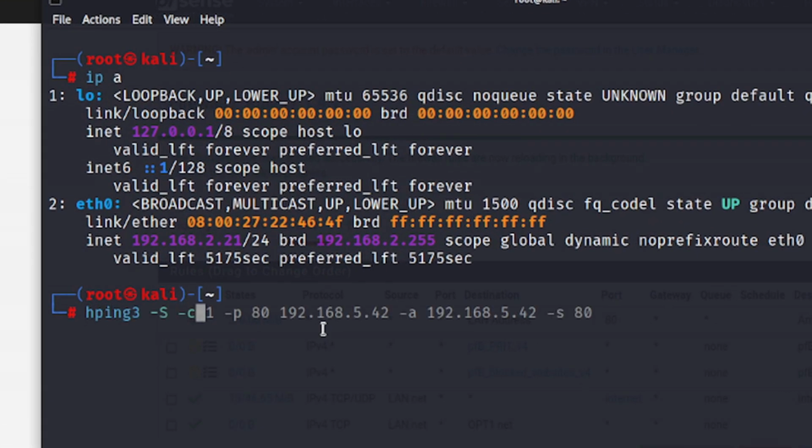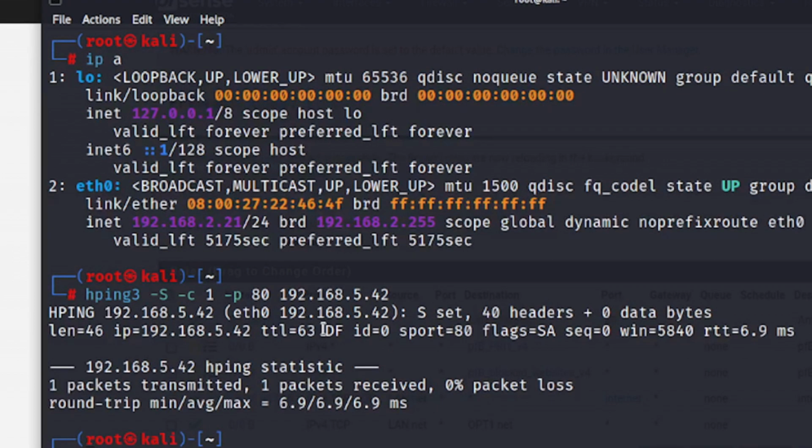Connect to it quite easily. A single packet here. Let's send one to port 80 on that machine over there. And we can see that we get a SYN ACK back. So we know that we sent a single packet, a SYN packet from 2.21 over to a different network and then actually got a response back. Wonderful.